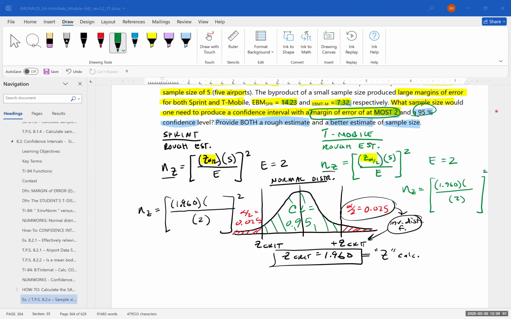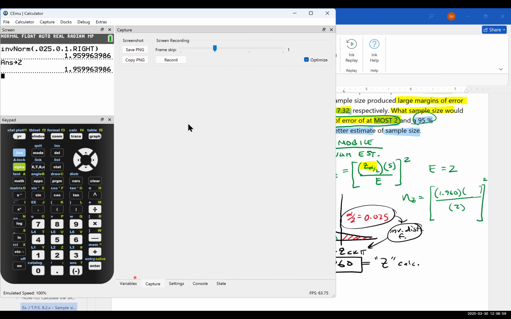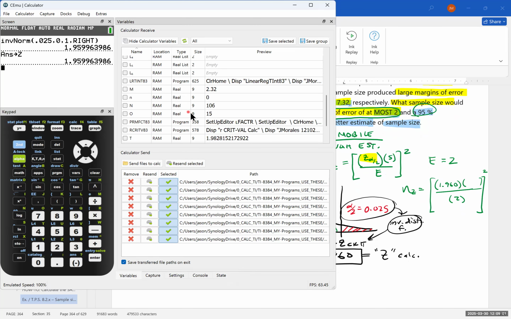So what was the sample standard deviation? So we need this from the previous example. And hoping, let's see, do I still have that left over? You look at my variables here. Let's see, does it have?